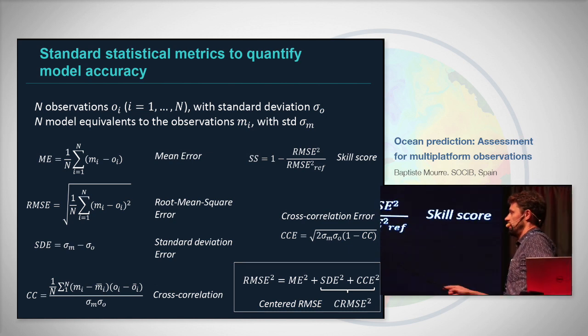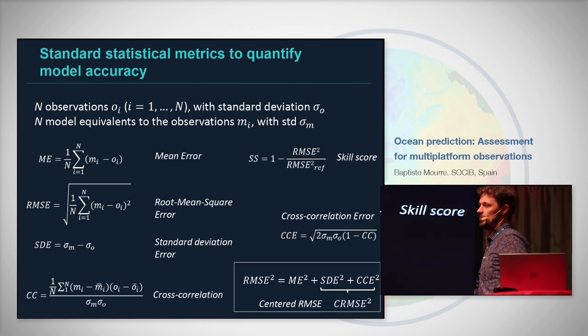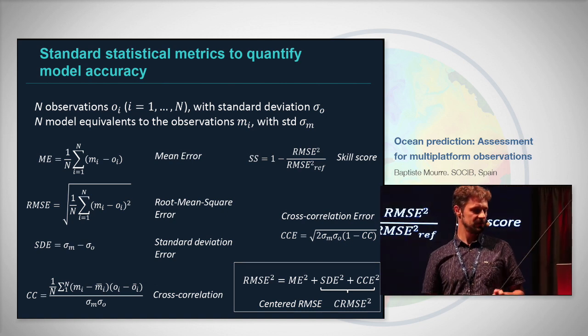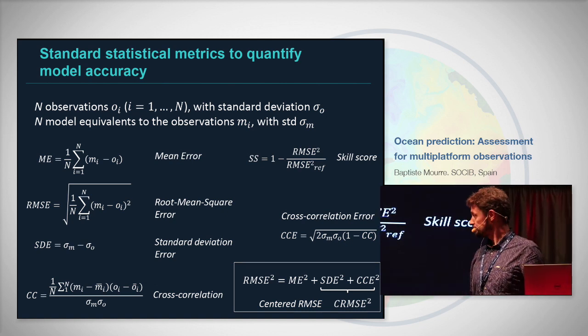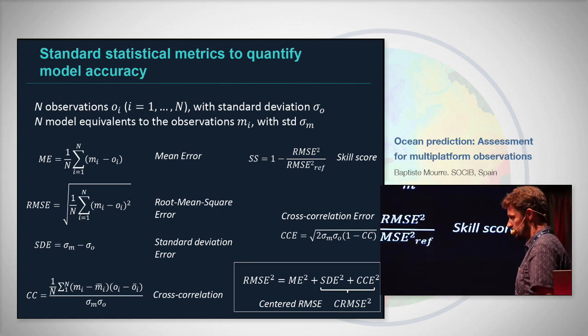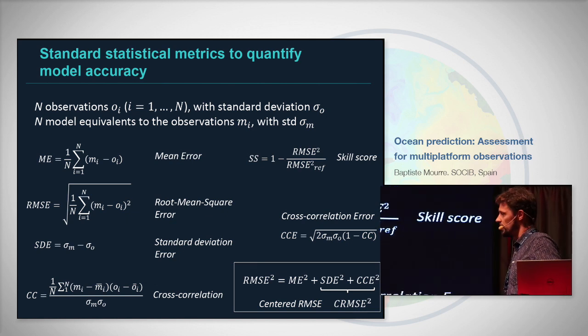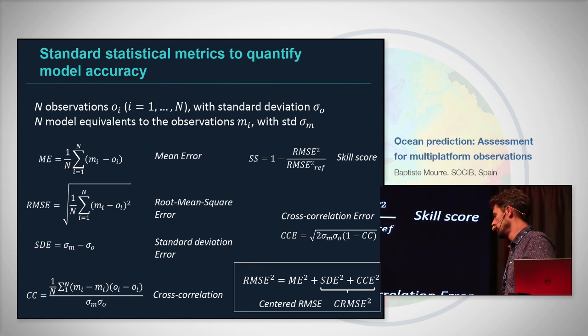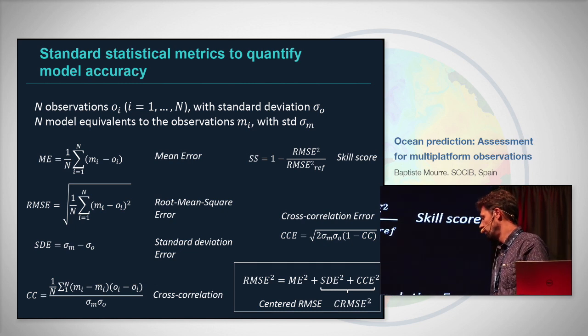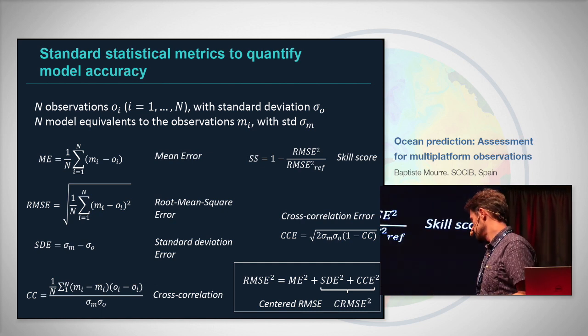You may also calculate a skill score of the model when you want to compare to a reference simulation, or when you want to compare to climatology or to a persistence forecast. And I put that here mainly to show you that there is an important relation between the root mean square error, which is very frequently used, and which you can decompose in different terms. To have a low root mean square error, you need to have a low mean error, no bias.